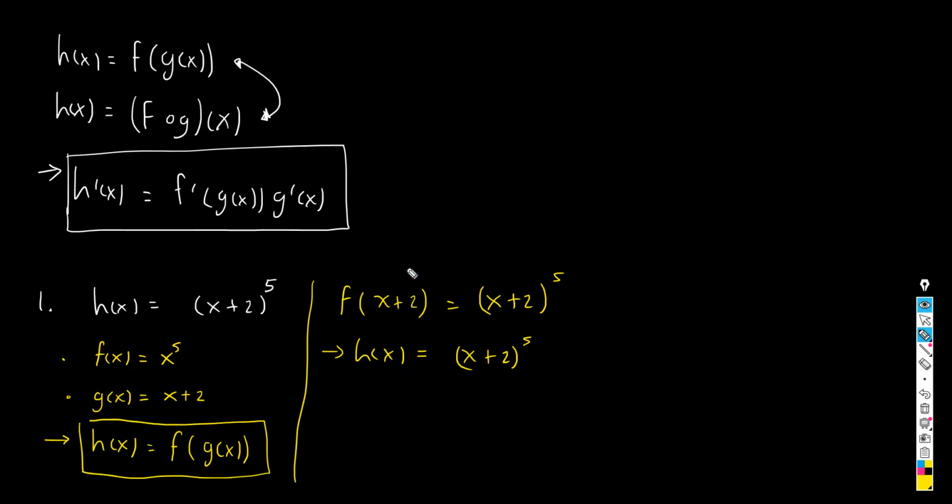Okay, so that's the first thing you want to do. You want to write, if possible, your function as a composition of functions. And in this case, h is equal to f composed with g, where f is this and g is this. Okay, and once you have that, the rest is quite easy.